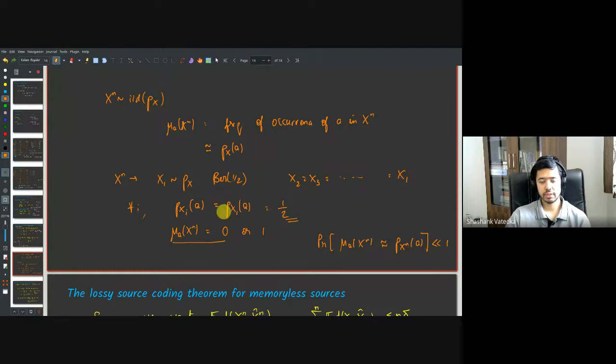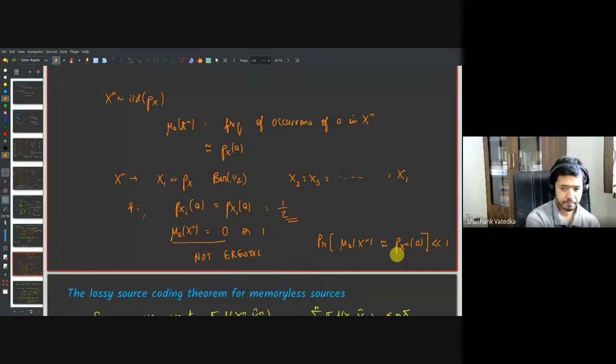So this is a sequence which is not ergodic. Because the sample mean, or sometimes called the time average, is never going to be close to the ensemble average, which is the true probability. All right.